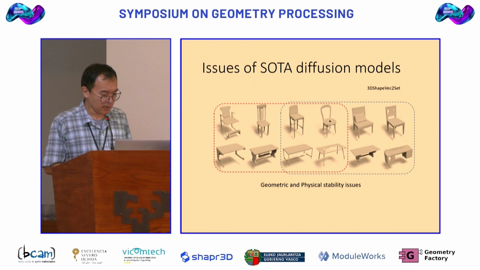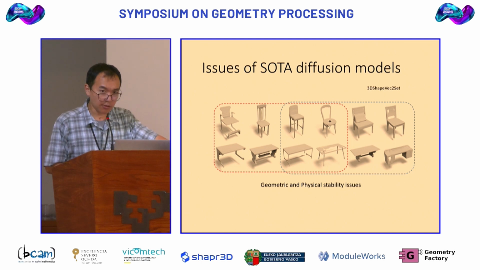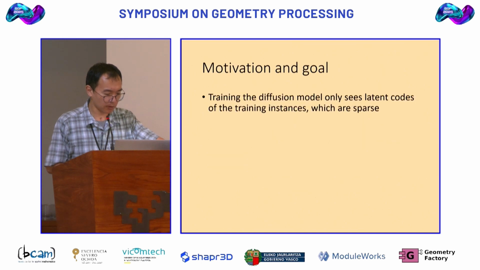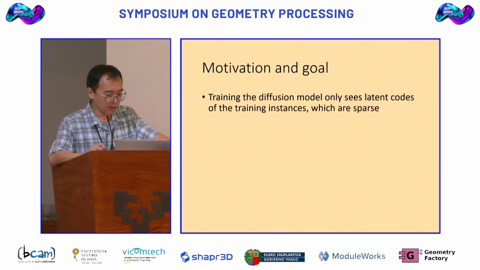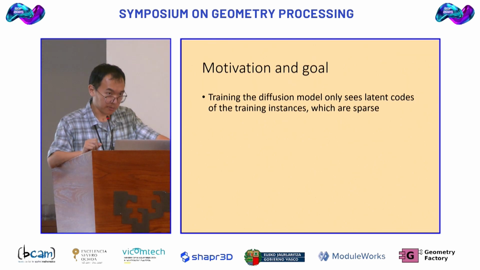We have some issues like geometry and physical issues, artifacts. This is easy to understand, because if you train a latent diffusion model, you still use latent codes of training shapes.